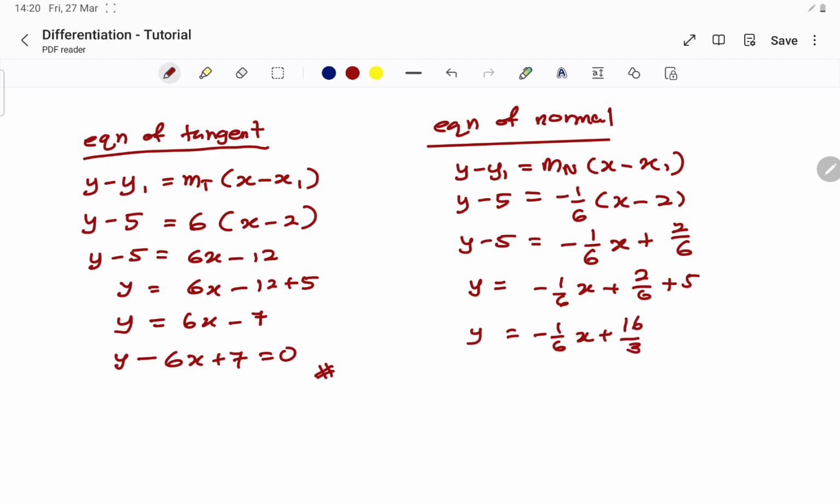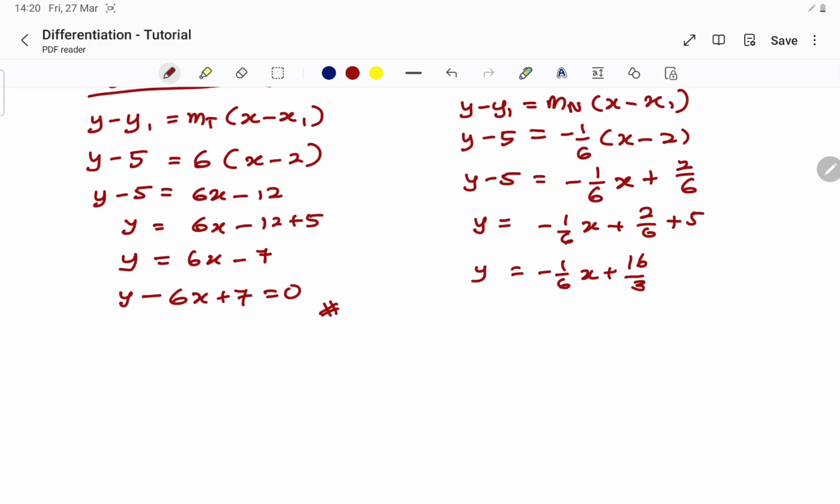Now we want to make it standard form, right, equal to 0, so you bring everything to the right side. 1 over 6x plus y minus 16 over 3 equal to 0.